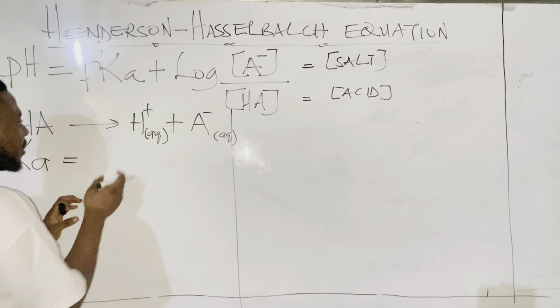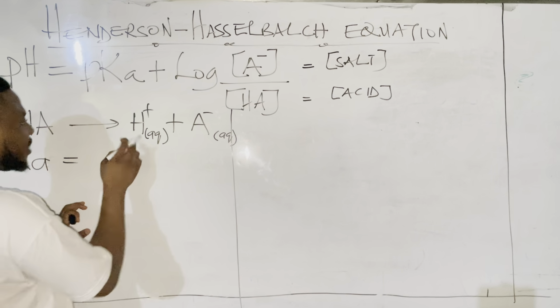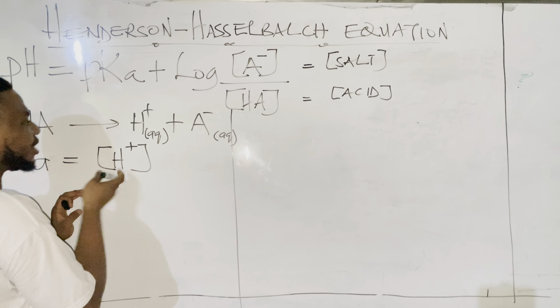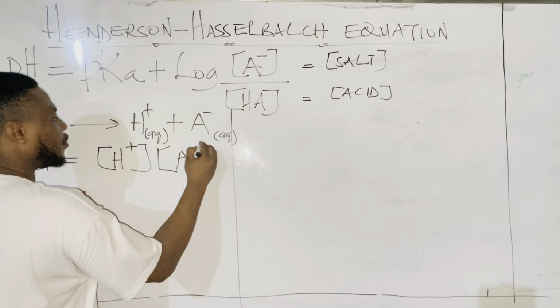So these are the products, this is the reactant. Anything in square brackets means concentration. We take the concentration of H plus multiplied by the concentration of A minus.